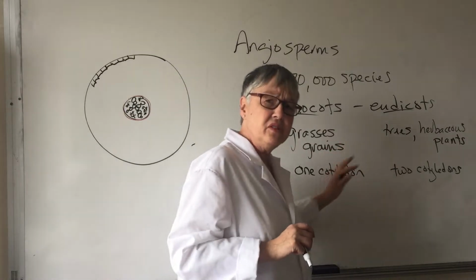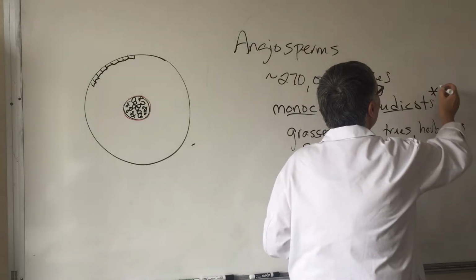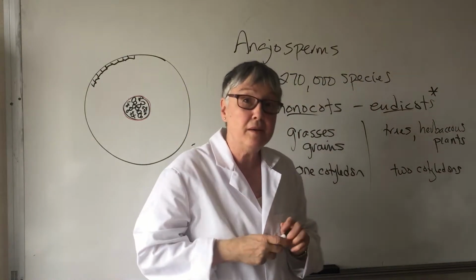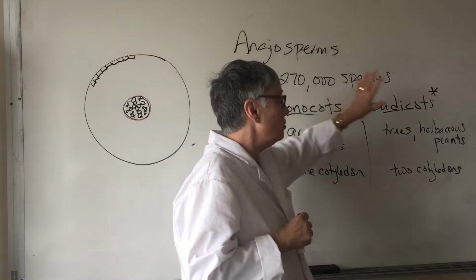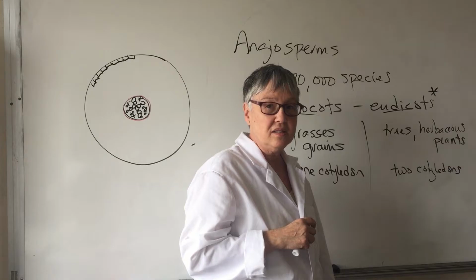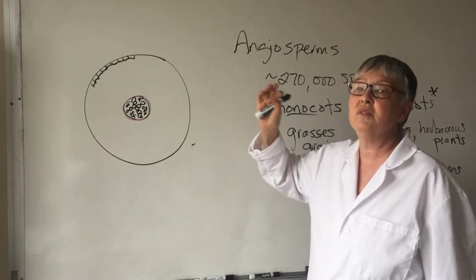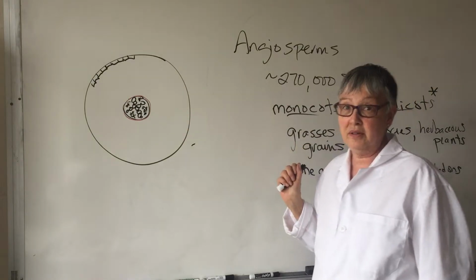There's many other differences here, but we're going to focus simply because of shortness of time. We don't have a lot of time to go into both groups, so we're going to stick with the eudicots. And therefore, when we look at cross-sections of stems and of the root, I'm going to focus on that group.